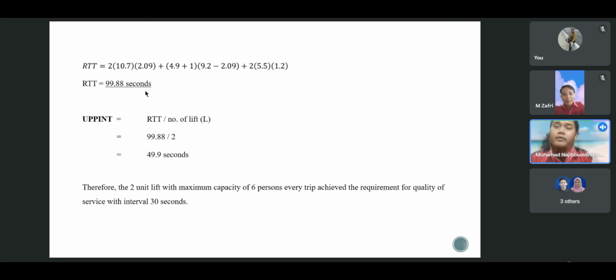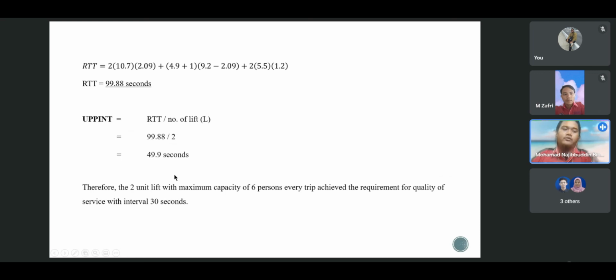After numbers 1 to 6 have been calculated, we can put them in the RTT formula. The amount we get is 99.88 seconds. For the up peak interval, the formula is RTT divided by the number of lifts, L. So we get 49.9 seconds.